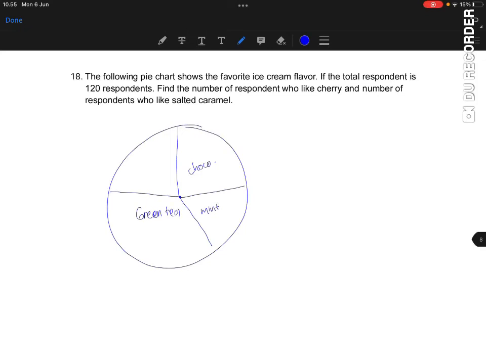Green tea just a little bit. Oh, this one is salted caramel. I like salted caramel. Okay, after that we have cherry flavor.